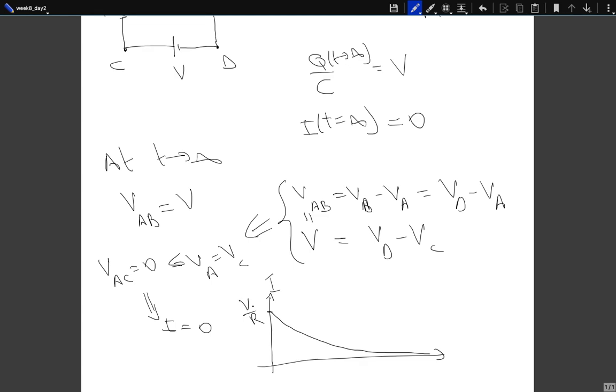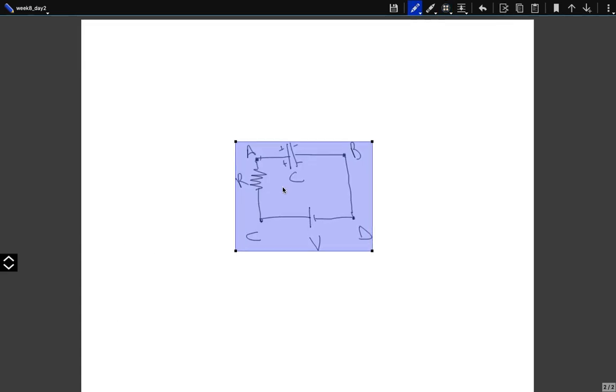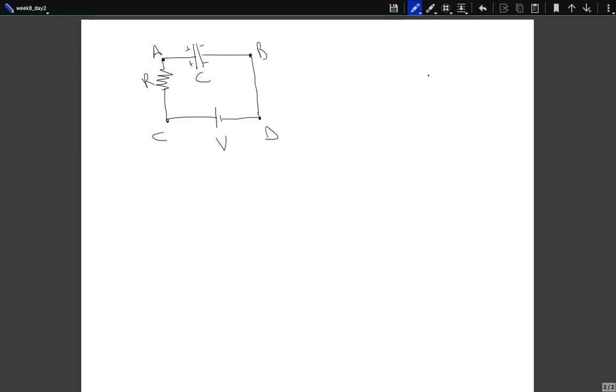Now, this is what we expect. Let's see if we can actually show that this is how the current changes. Can we calculate the functional dependence? Now, this is our circuit. We will use Kirchhoff's rules in order to calculate the current running through the circuit.